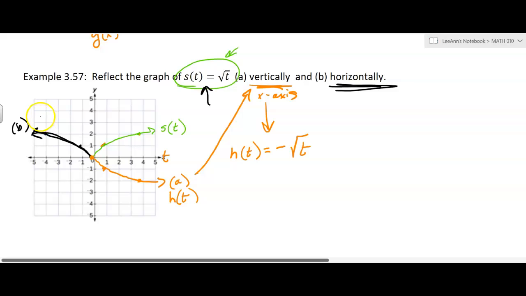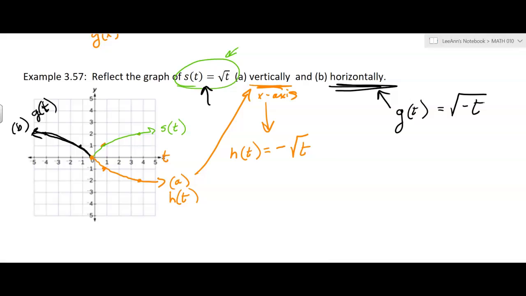Okay. Then what does it look like if it's horizontally? Well, let's call this then g of t. Okay, so g of t, the equation would look like it's the square root of the opposite of t. Now, if you're saying, wait a minute, I can't take the square root of a negative number.